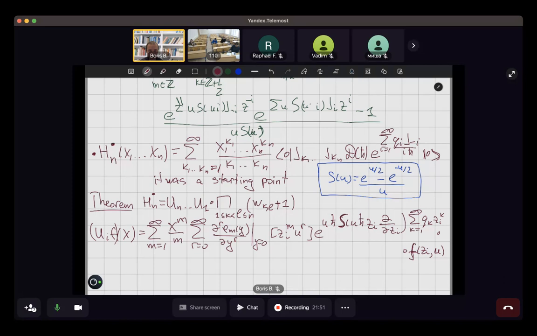But it's quite far from now. Again, the first step was the theorem for this h in terms of Schur functions. The next step is this formula, and the next step I'll write as a sum over graphs, and the next step will come.